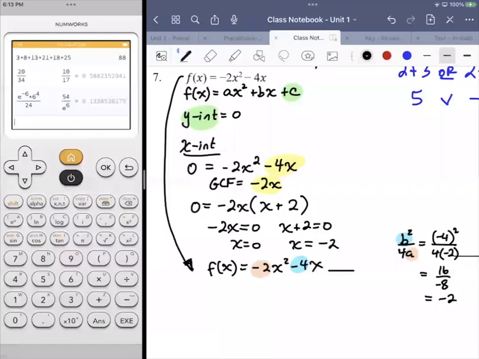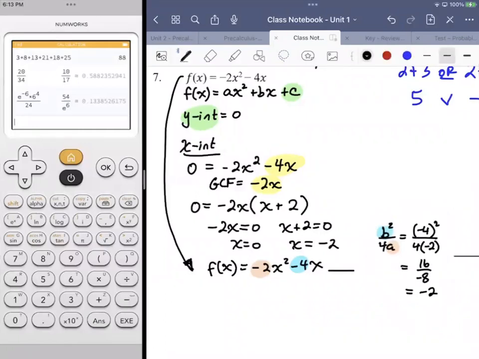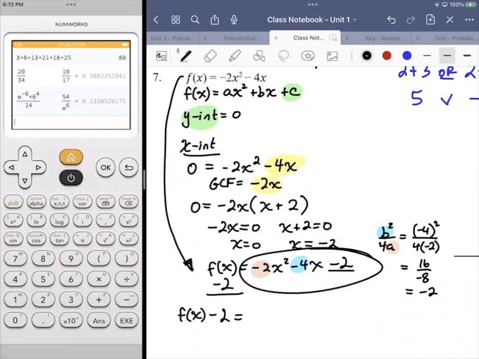That gives me a negative 2 as a result. That's what's getting plugged into the gap, which really means I'm going to introduce a negative 2 to the right-hand side. And if I do that, I need to introduce a negative 2 to the left-hand side. So I'm looking at f of x minus 2 is equal to all this stuff.